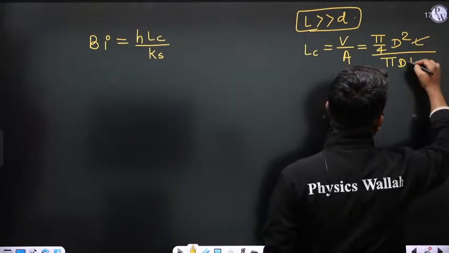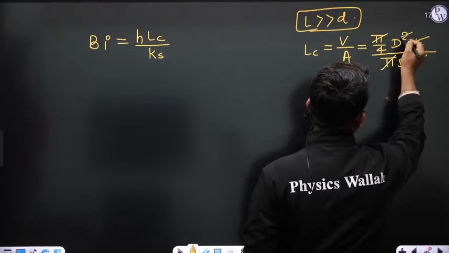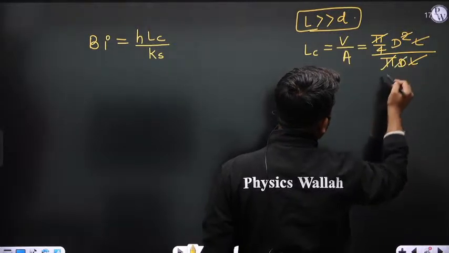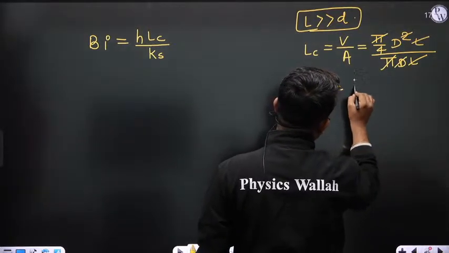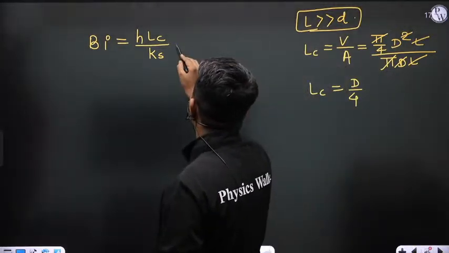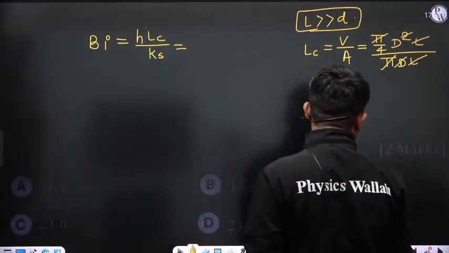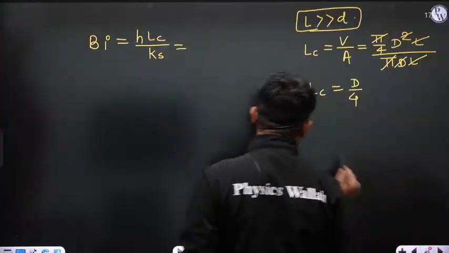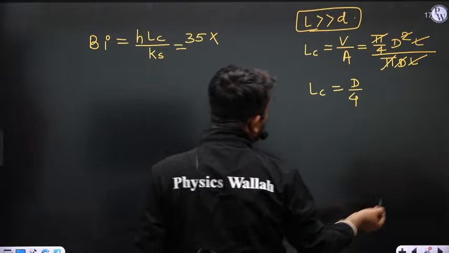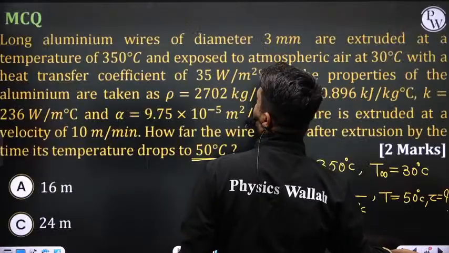So L cancels out, pi cancels out, and D and D cancel out. So Lc is equal to D by 4. So the value of h is 35 into the value of Lc, D by 4.